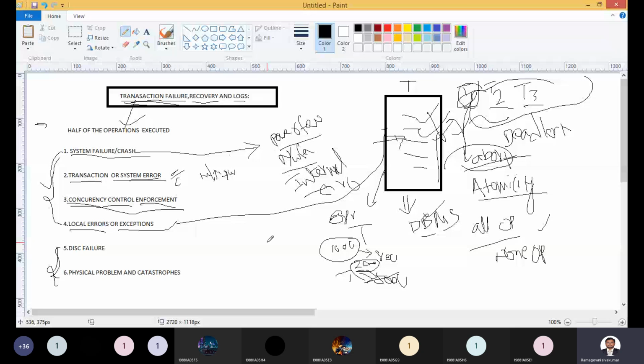So till now, everything we discussed is recoverable. I will explain how these are recoverable when we see the log files. Now coming to disk failure and physical problems or catastrophes. First, disk failure.